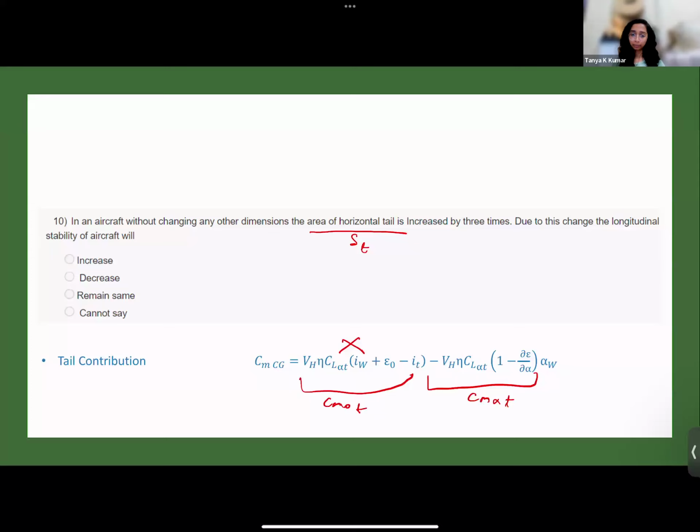Why will it be same? Where can you find ST in this equation?